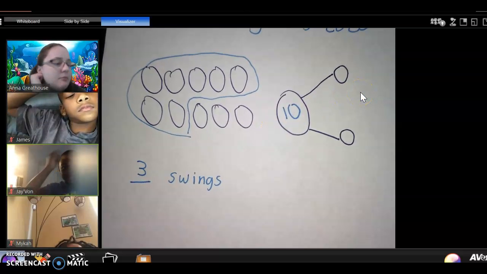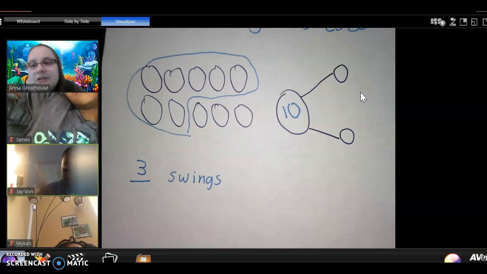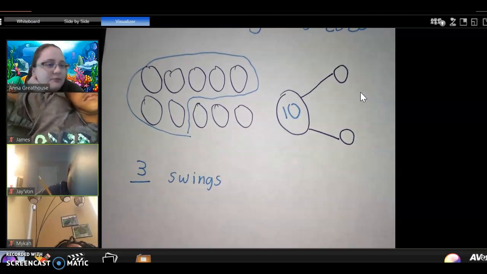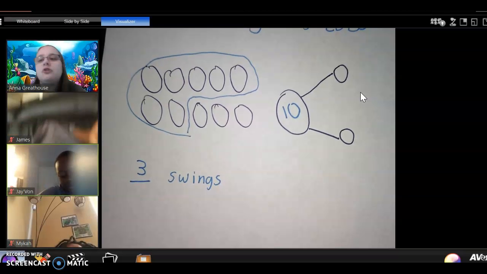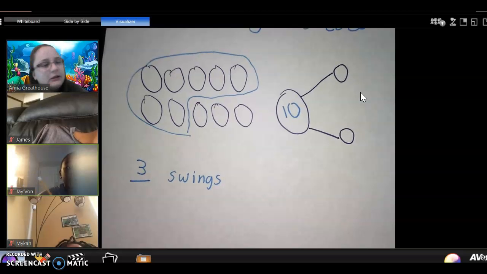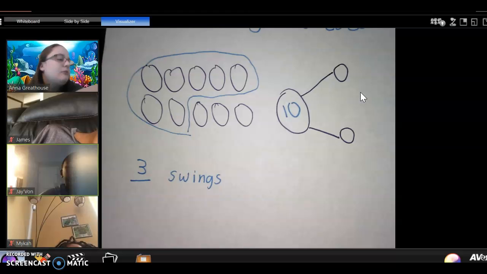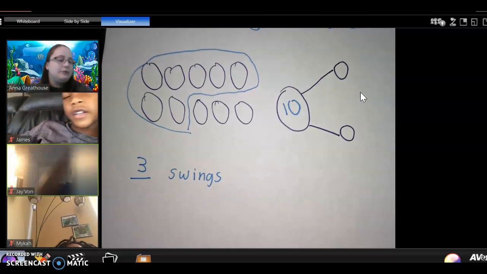So then our word problem breaks down 10 into 2 different parts. So we have the swings that students were using and the swings that were empty. So I'm going to use a visual, friends, to see if this will help us out.